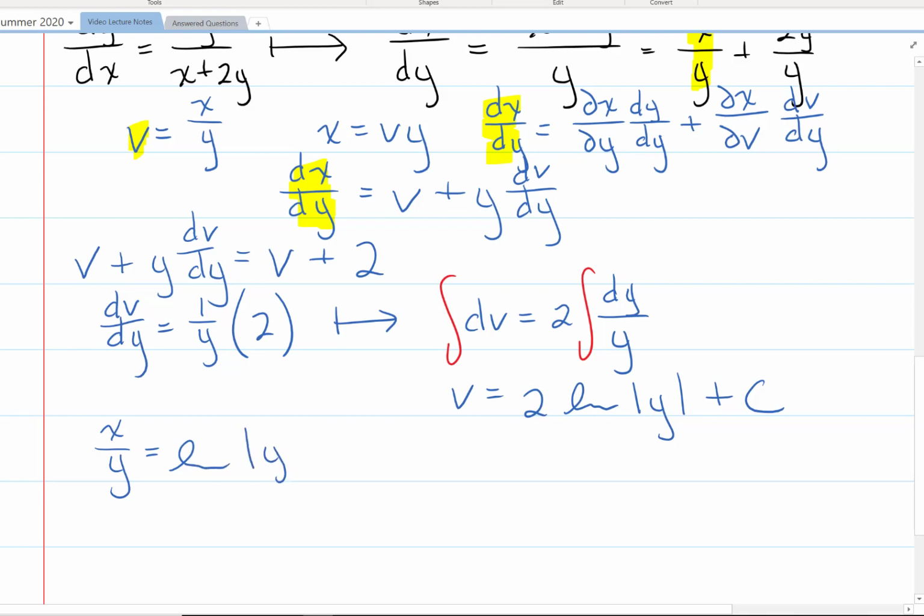Ln of y squared. We don't need the absolute value if we're going to square whatever there is there anyway. So the absolute value will drop out in this next step, and we get x equals y times ln of y squared plus c times y as our solution.